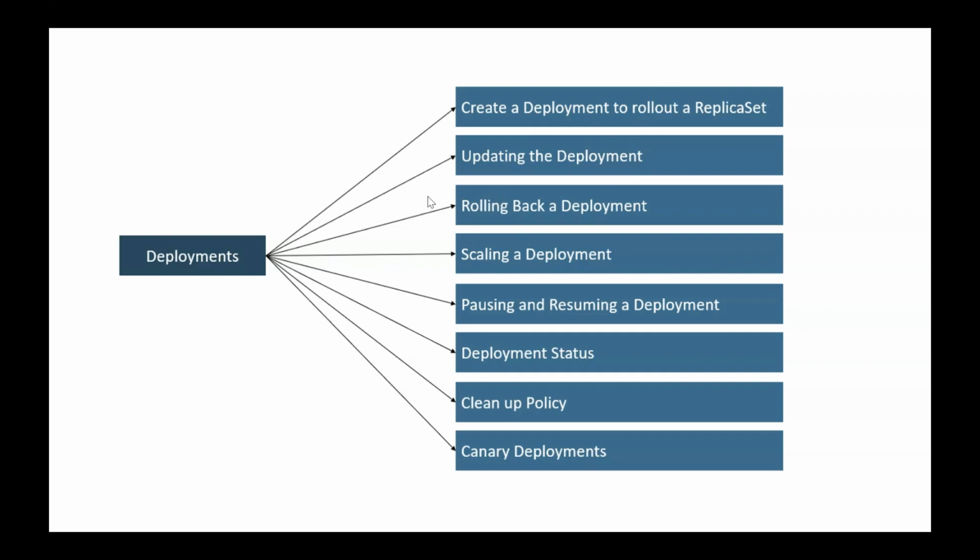The second feature is you can update the deployment easily. If you have to change something in your application, you can just update your YAML definition file, or you can run a kubectl command to update the deployment easily. You can roll back the deployment easily.